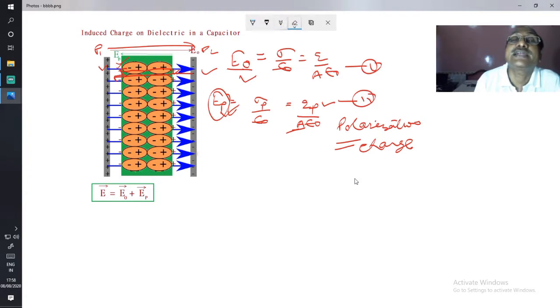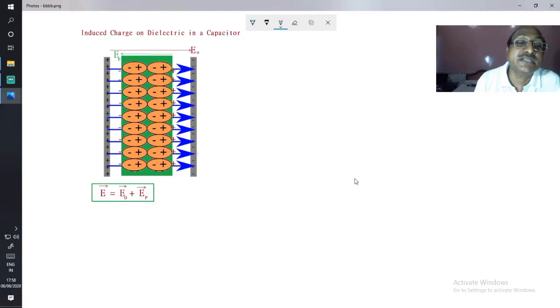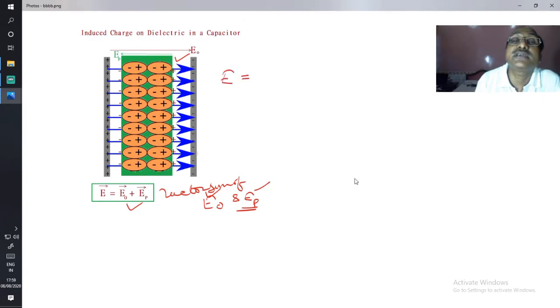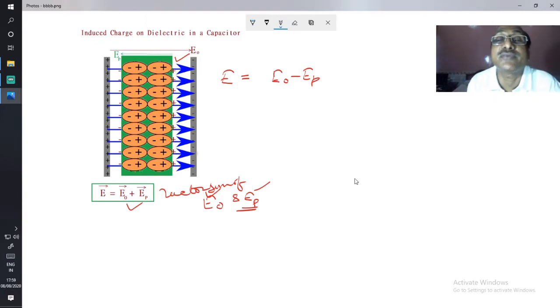Therefore, the net electric field will be the vector sum of electric field E naught and electric field EP due to polarization charge. Since the magnitude of E naught is more than that of EP, the net electric field E is E naught minus EP, because the direction of EP is opposite to the direction of E naught.